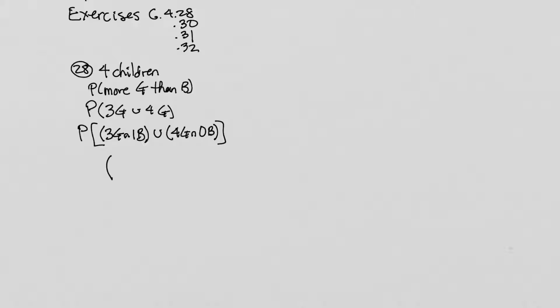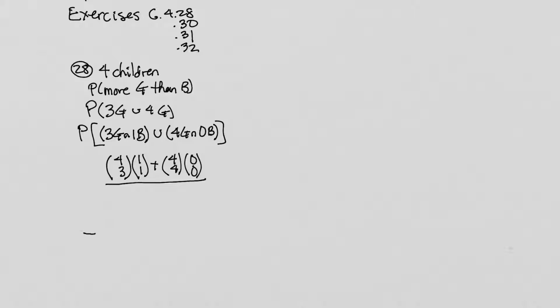Out of 4 kids, we want 4 of those kids to be girls, and then there's only 1 kid left, and that has to be a boy. Or, out of the 4 kids, we want all 4 to be girls, and then there's 0 left, and we want 0 of those. But now we also need our denominator. The denominator is the number of ways we can get 4 kids.